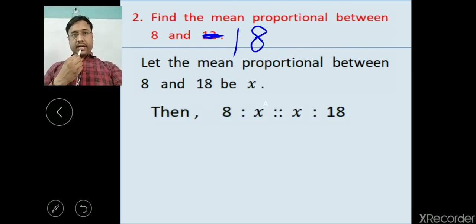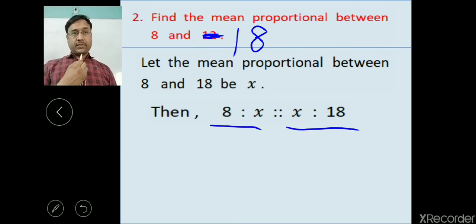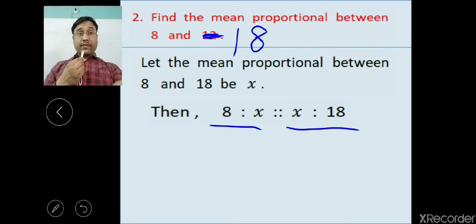Then you can write that 8 is to x is proportional to x is to 18, because it is the question of proportionality. Here it is telling about mean proportional, and only two numbers are given. Find the mean proportional of 8 and 18.